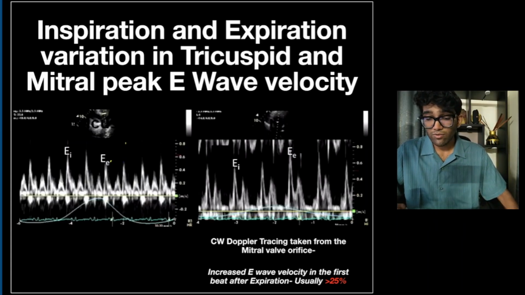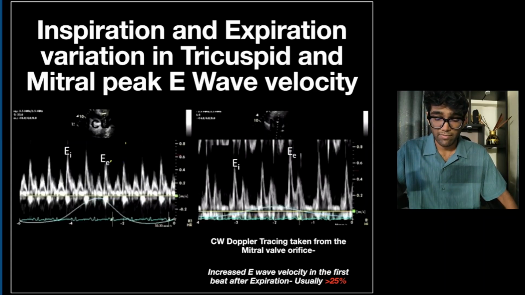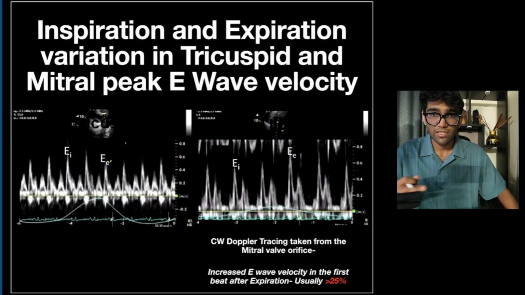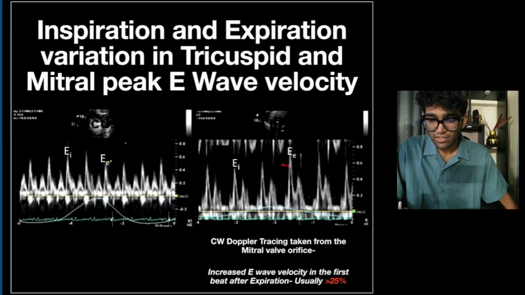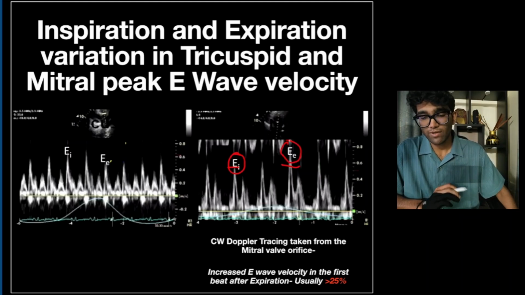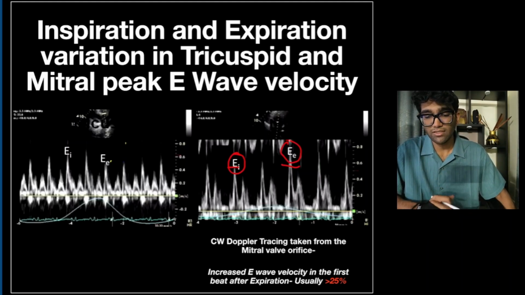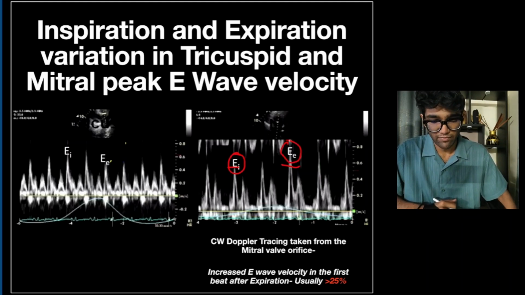Okay, so that is what you get, that there is an exaggeration of the flow across the mitral valve, and that flow is obviously during early rapid filling, so you get an E wave velocity after expiration that is more than 25%. There is a 25% increase in the E wave velocity in expiration versus inspiration. Okay, so expiratory E wave velocity is 25% higher than the inspiratory E wave velocity.